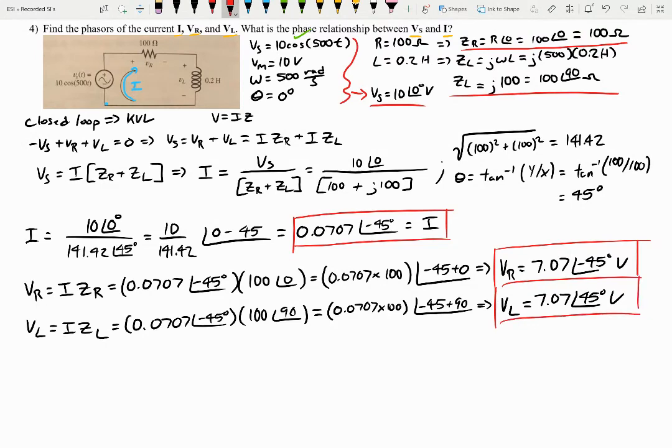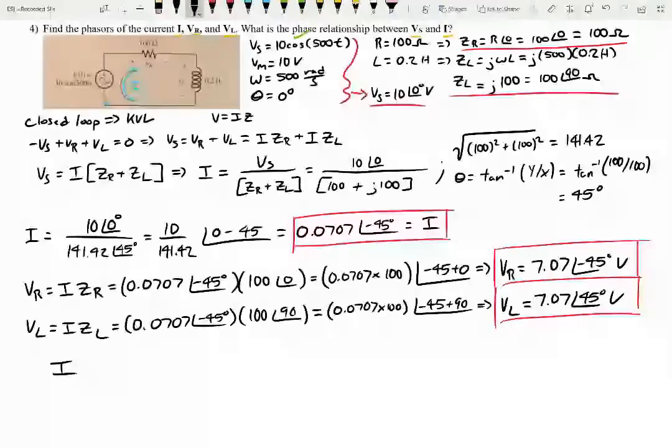Okay. So now these are our voltages across these two elements. But something to note, let's take a look at it. So here, we have this current, then we have this voltage in the resistance. So let's look at the phase angles.